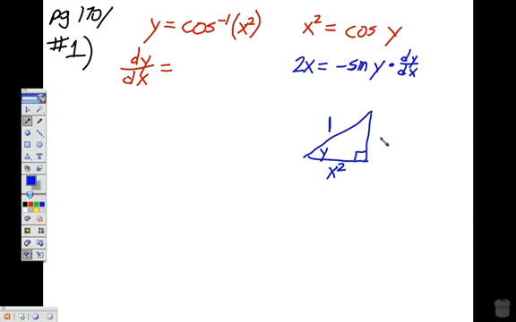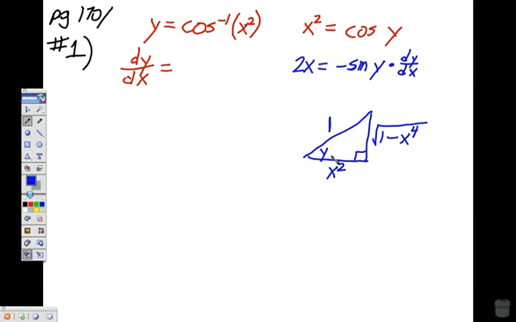Then the opposite side here, according to the Pythagorean theorem, has to be the square root of 1 minus x squared squared, so x to the 4th. Square root of 1 minus x to the 4th is what that side has to be. And now, right here in the derivative, we're looking for the sine of y.